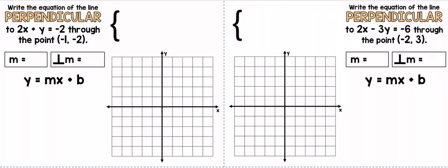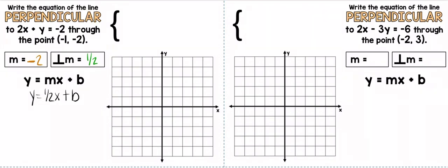So your slope is negative 2. And so your perpendicular slope is going to be positive 1/2. You change the sign, flip it. So now my equation is y equals 1/2 x plus b.